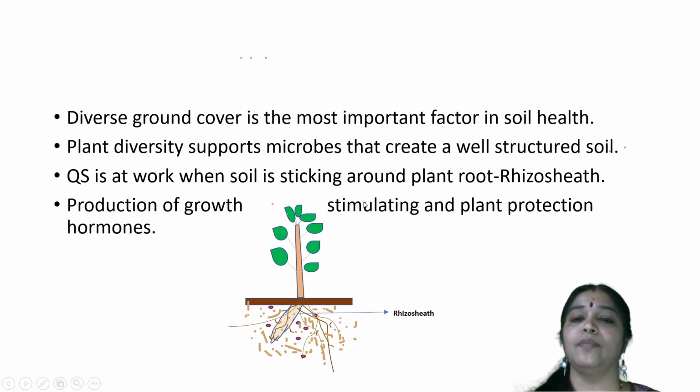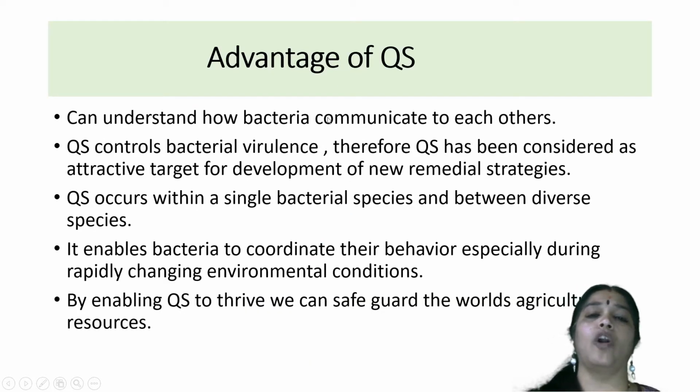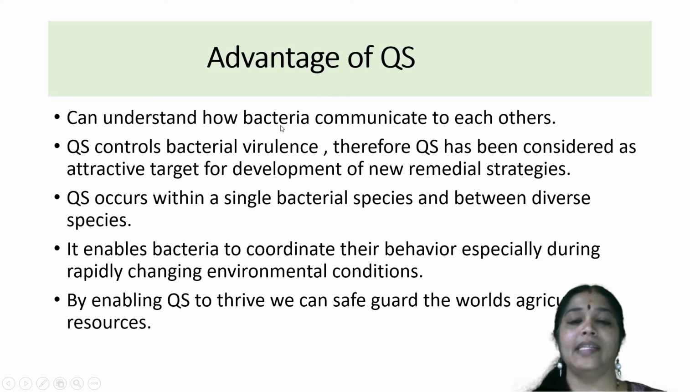Production of growth stimulating and plant protection hormones are present around this. So the rhizosheath, as we all know, plays a very important role for a plant. What are the advantages of quorum sensing? You can understand how bacteria communicate to each other. See, how powerful is this microbe?